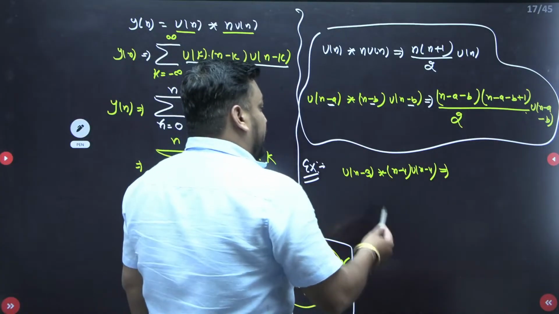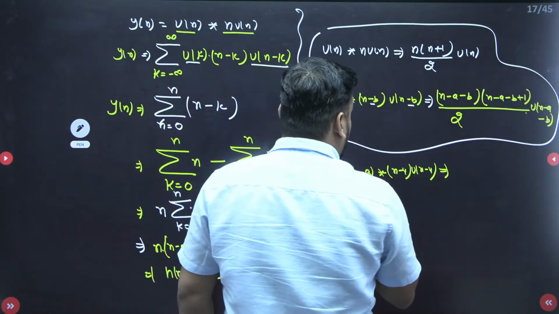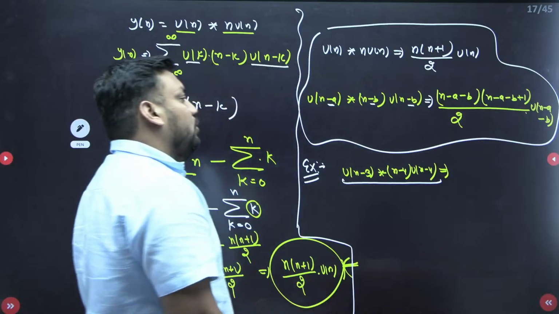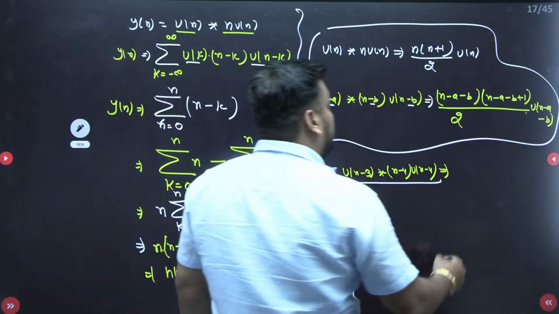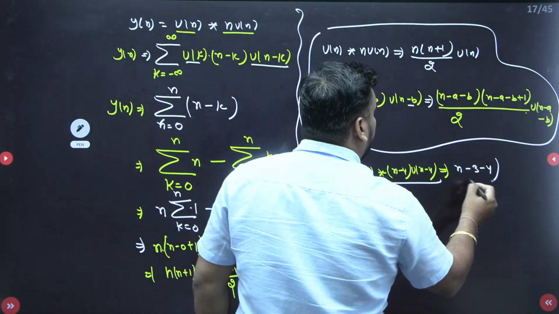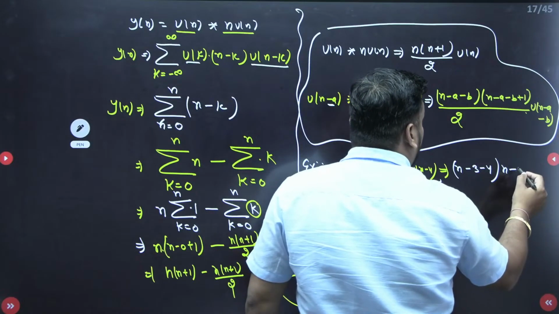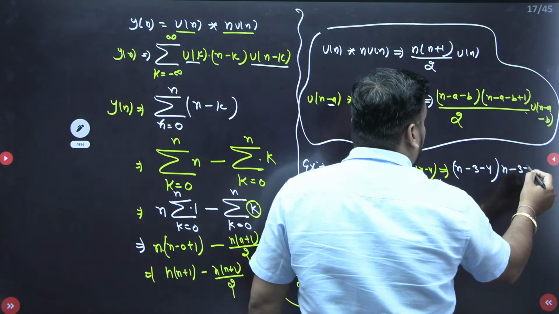So here you can identify the a and b values as 3 and 4. So the answer is u of n minus 3 convolved with u of n minus 4. So your answer is nothing but n minus a minus b, it means n minus 3 minus 4, and again here also n minus 3 minus 4 plus 1.